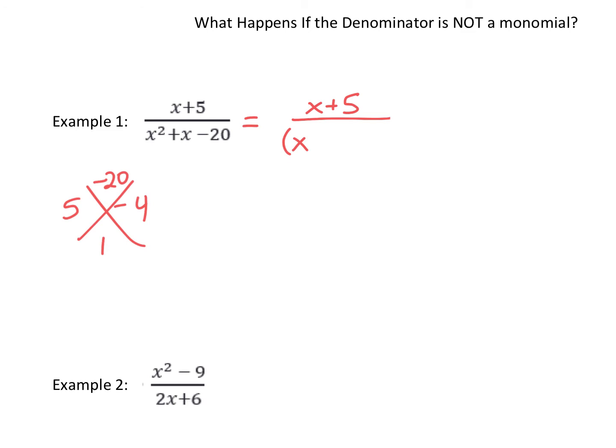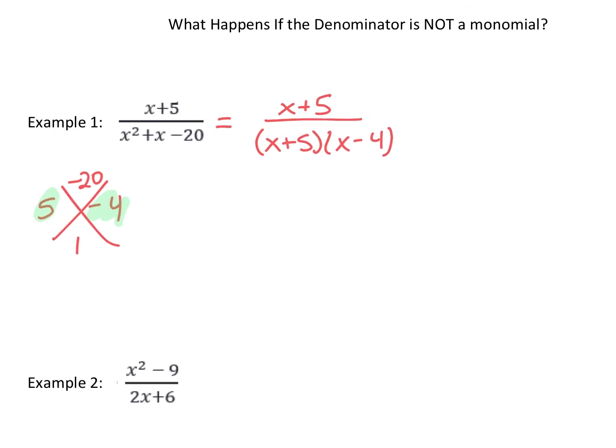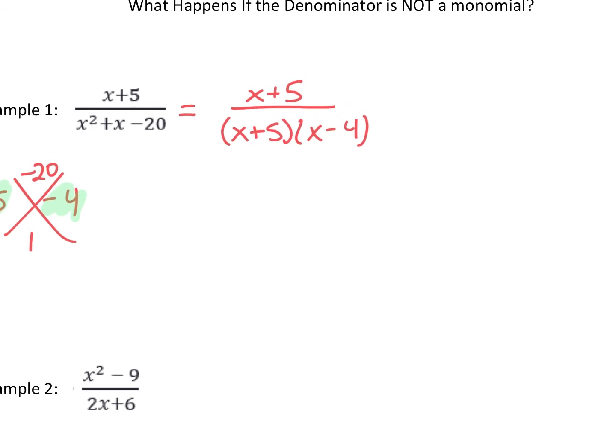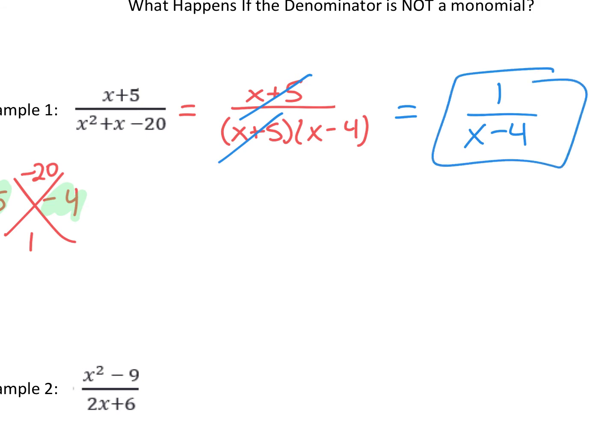What did we just find? Plus 5 and minus 4. X plus 5, x minus 4. I have one that matches. What is it? Yep, they're gone. What's going to be left on top? 1, and on bottom. And I'm done. That's it.